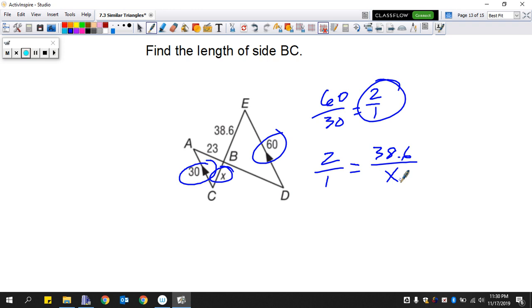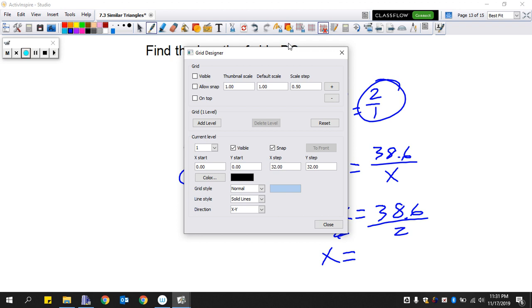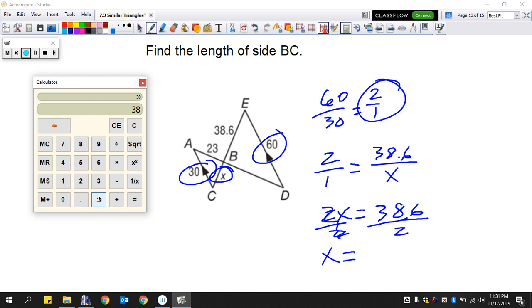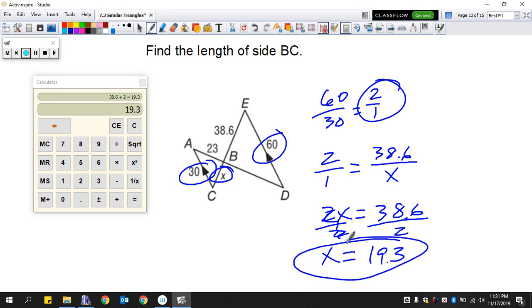When we cross multiply, we end up with 2x is equal to 1 times 38.6, so x is 38.6 divided by 2, and we're left with 19.3.